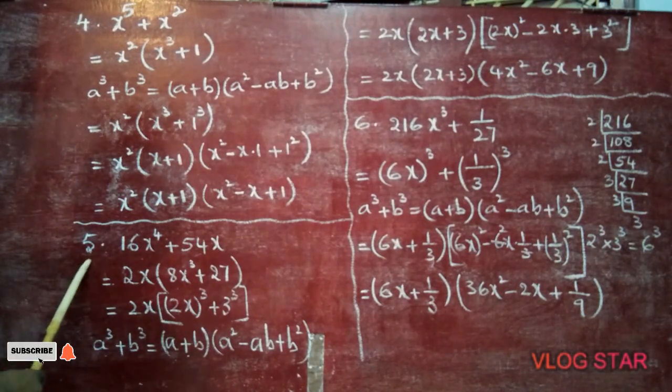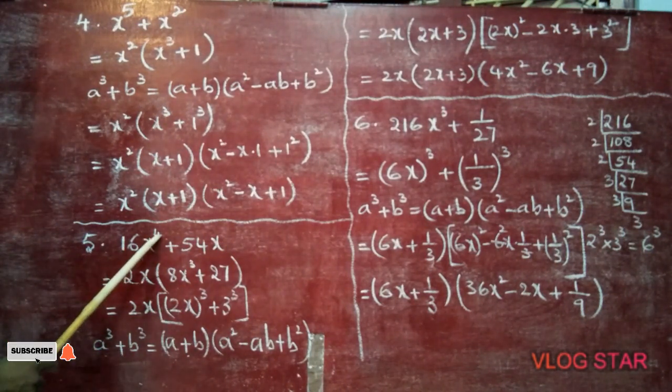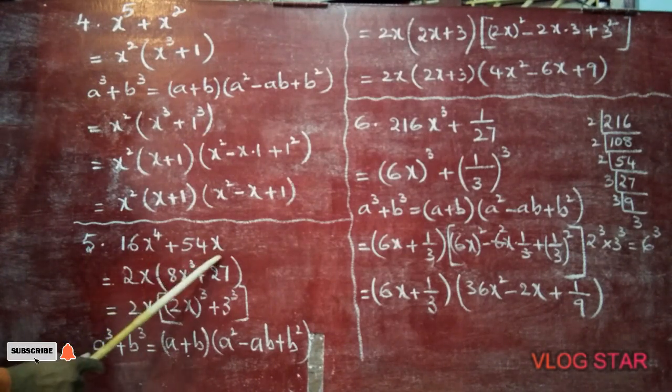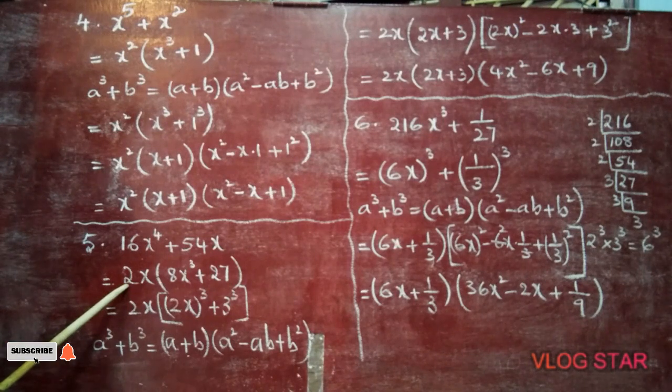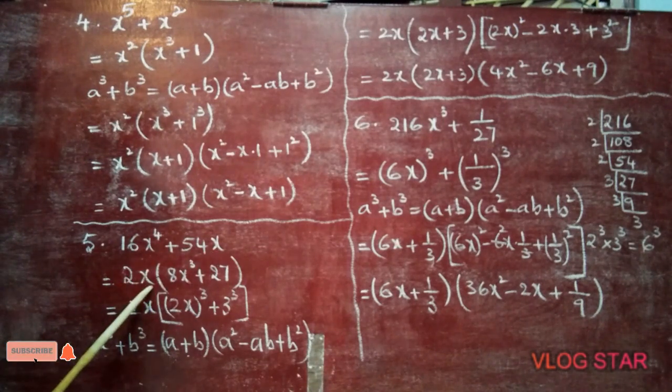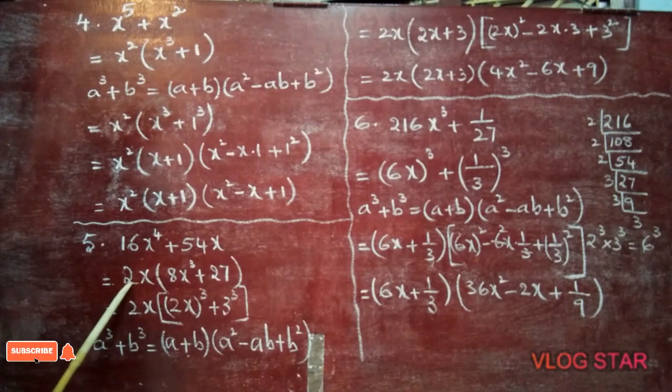Coming to fifth problem. 16x to the power of 4 plus 54x. On the whole, 2 is common and x is common. So 2x I am taking common. If I take 2x common, the remaining is 2 goes in 16 8 times.